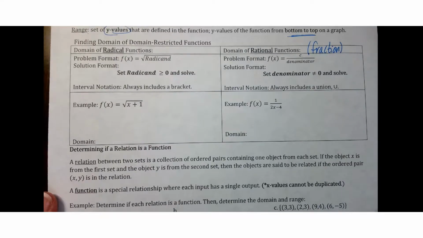Okay? Now let's talk about the radical specifically. I want you to think about numbers that we cannot define in radical format. Or I should say, what are our options for only real numbers? What makes an imaginary number?